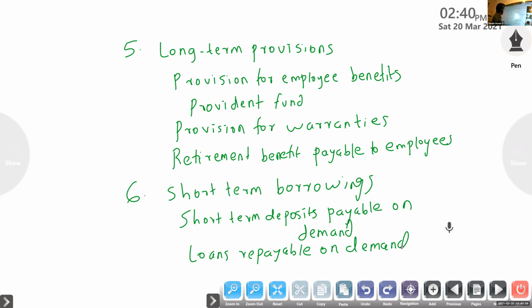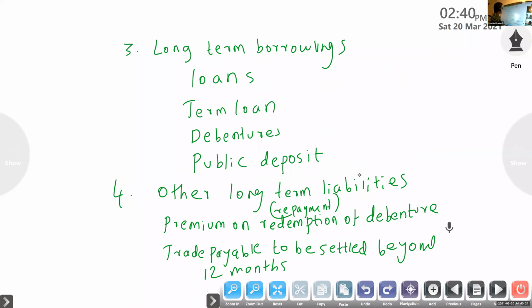This is under current liabilities. If you want, you can write long-term borrowing, long-term provision under non-current liabilities. From this onwards, current liabilities.